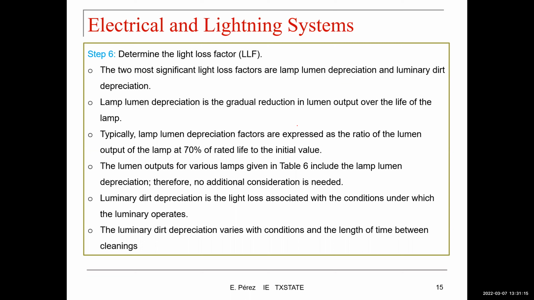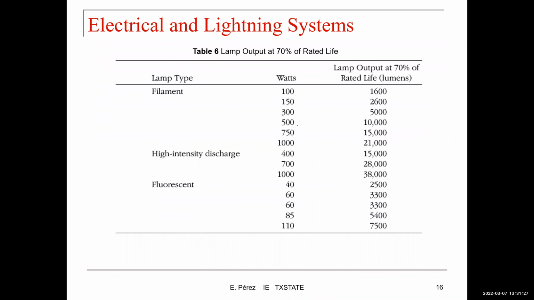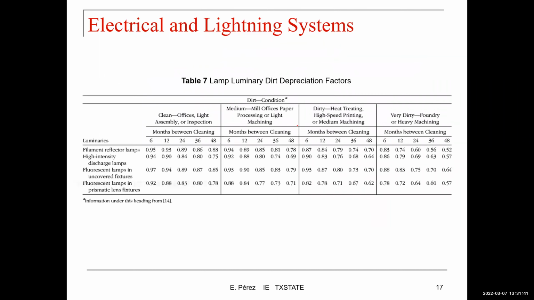Luminary dirt depreciation is the light loss associated with the conditions under which the luminary operates. It varies with conditions and the length of time between cleanings. So we have that information. Table 6 had the lamp output at 70% of the rated life. Depending on the type of lamp that you're using, the watts, we have that 70% rated life. And then we have the luminary dirt depreciation factors, which depend on dirt condition. If you're in the office, you're going to look at this side of the table. If you're in machining conditions, you look at this one.